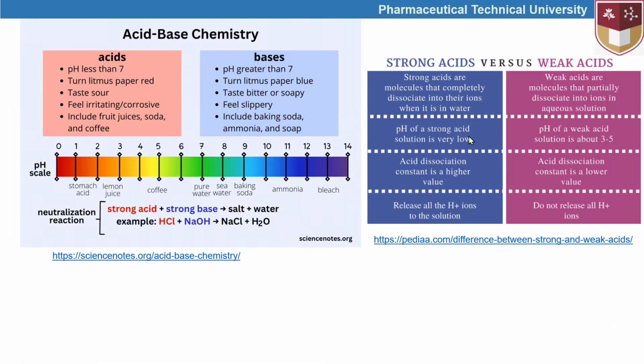And strong acids have a lower pH, let's say lower than 3, and weak acids have a higher pH compared to those resulting from strong acids, and the pH in weak acids can be higher than 4, let's say. Strong acids have a higher dissociation constant value, and weak acids have a smaller dissociation constant value.